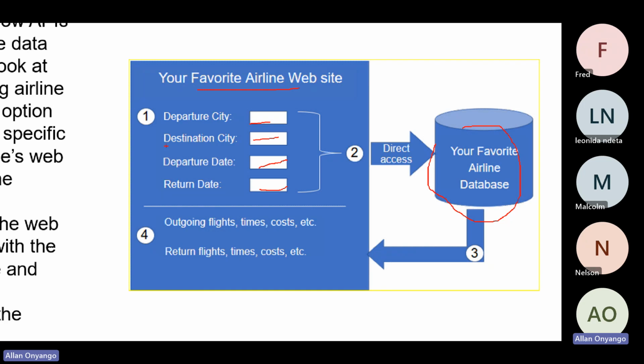So you leave this, you erase all the details you entered on your browser, and you go to, for example, South African Airlines, and then you compare the prices, and then you have to log out, and then you need to go again to Ethiopian Airlines, and you go to the Pride of Africa, which is Kenya Airways, and so you make all these comparisons from one database to the other.